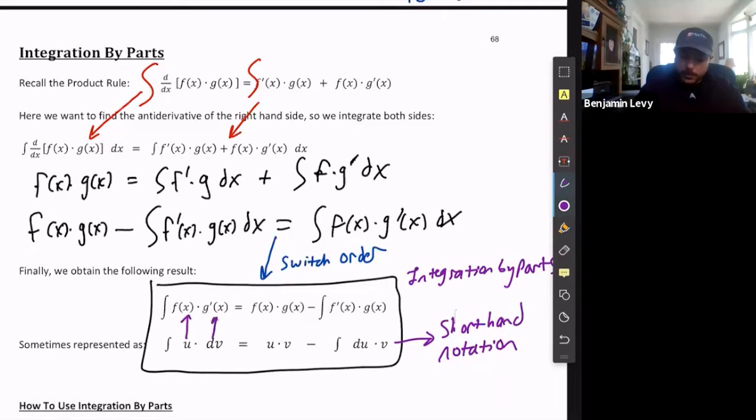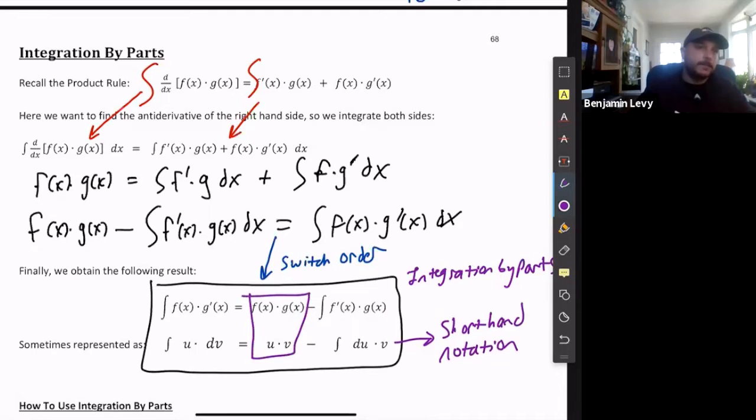We think of u as being the f function. We think of dv as being g prime. So the important thing to note is the middle one: we think of u as f and g as v. And so then du is the derivative of u, which would be f prime. So that's the way to think about that.